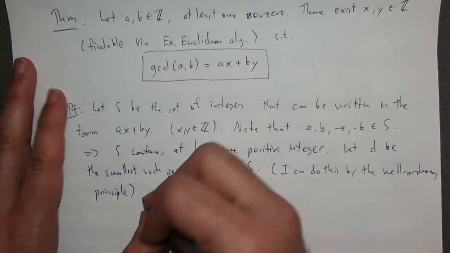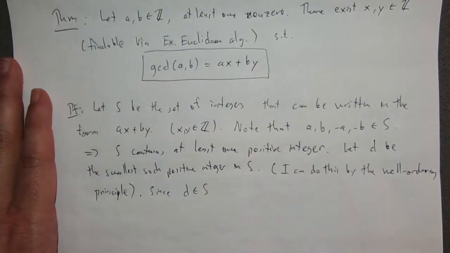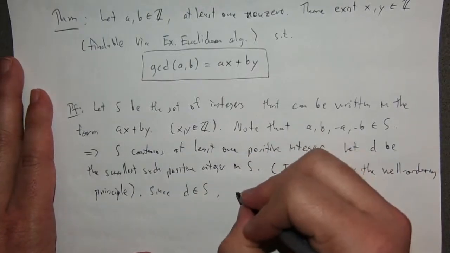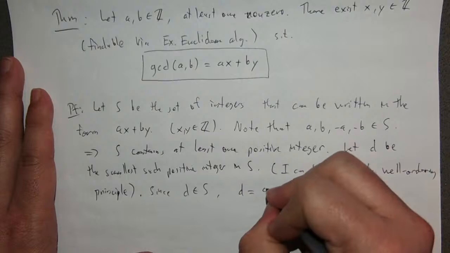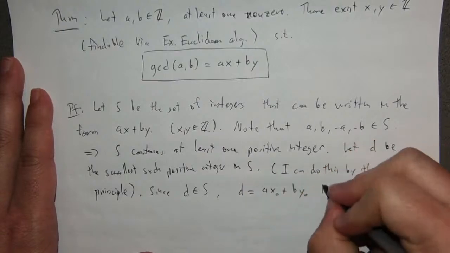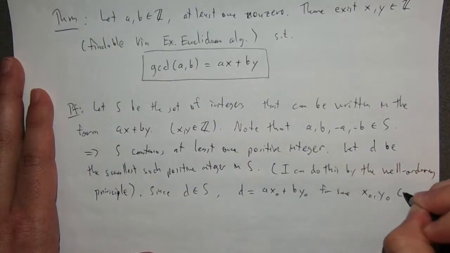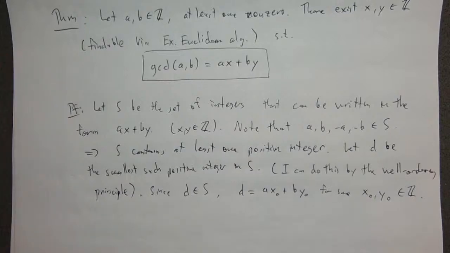Okay, so since D is an element of S, D can be written as A, say, X naught plus B, Y naught for some X naught and Y naught that are integers.